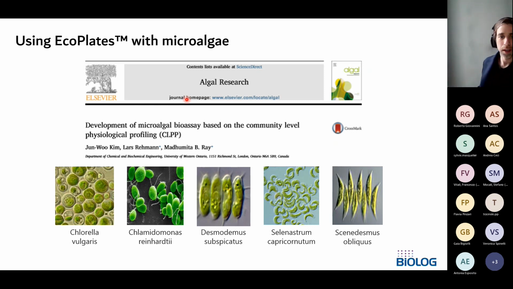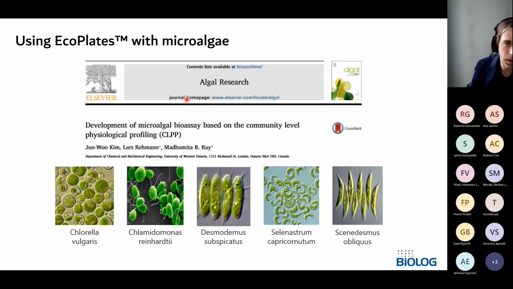So again, there's a lot of literature available about this, and I just wanted to show you some of the best, well, I shouldn't say the best, but the most novel applications for EcoPlates. EcoPlates can be used with soil bacteria, with any type of bacterial community from plants, from water, from humans.